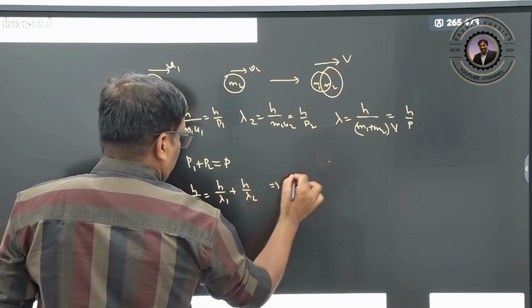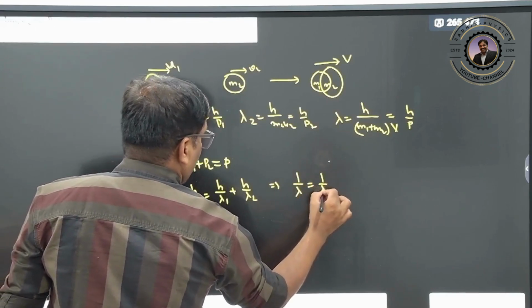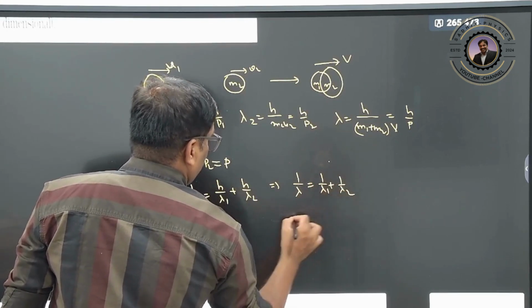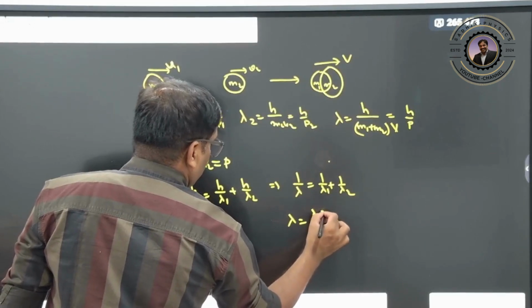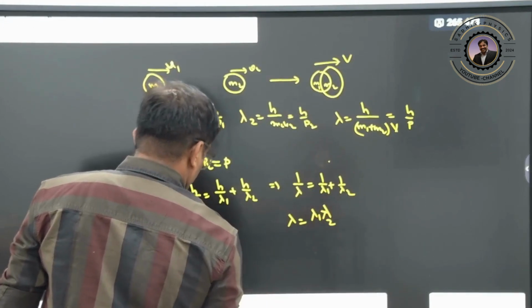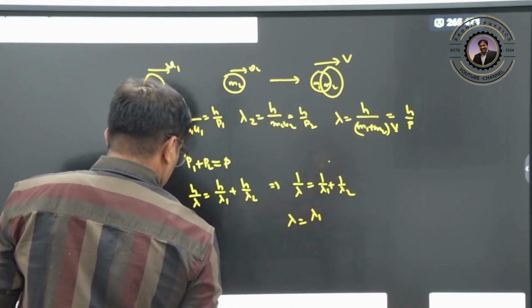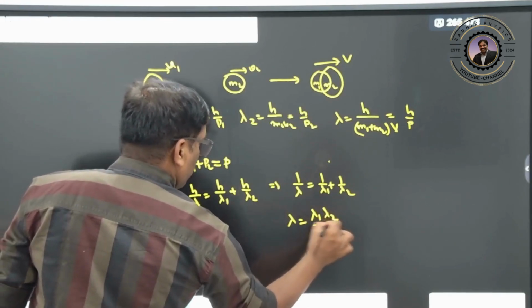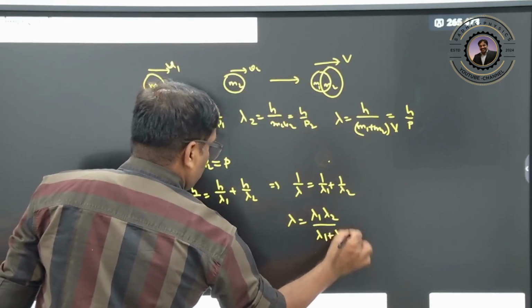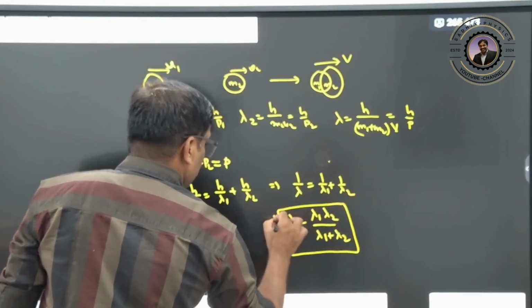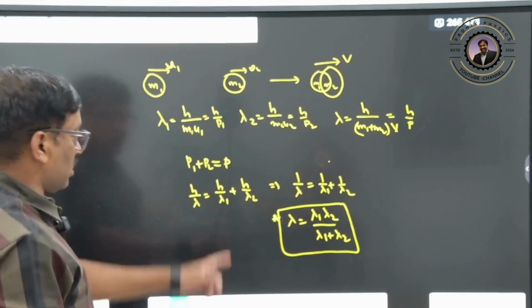H taken common, 1 by lambda is equal to 1 by lambda 1 plus 1 by lambda 2. Lambda is equal to lambda 1 lambda 2 by lambda 1 plus lambda 2. Clear?